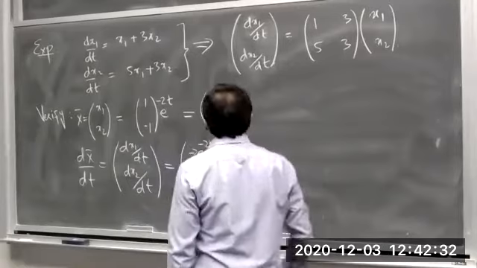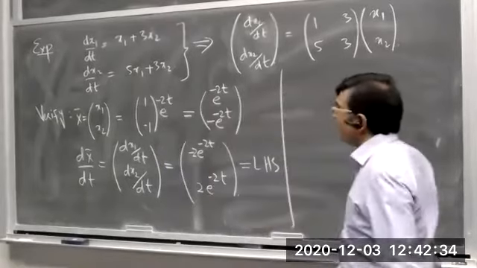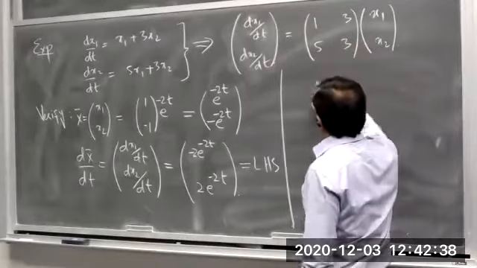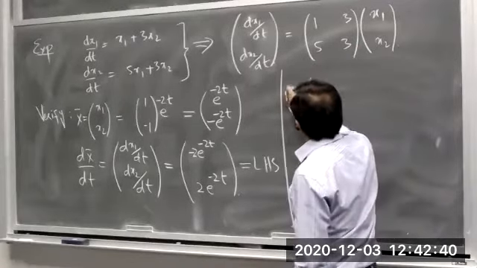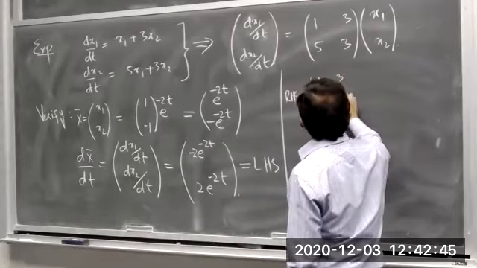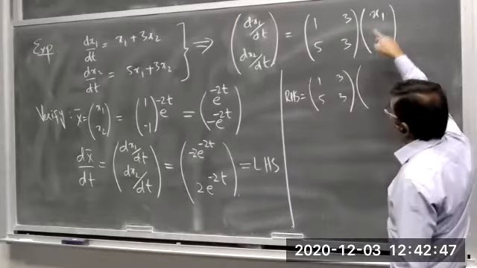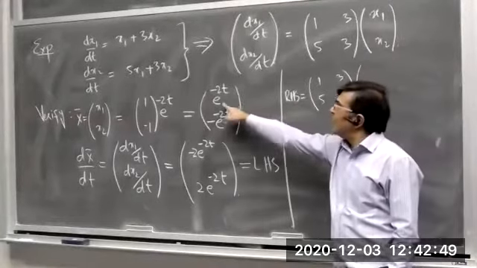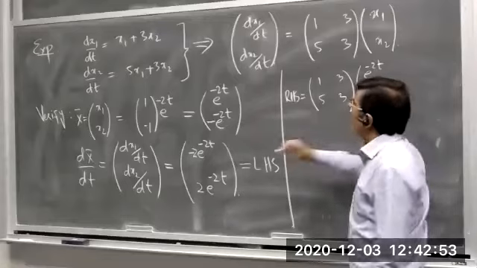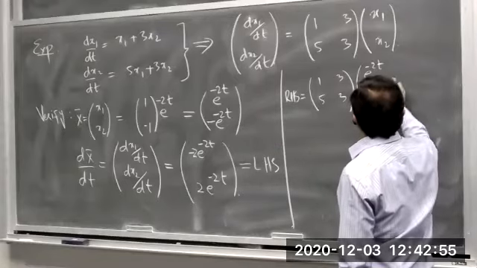Now let's try the right hand side. On the right hand side, you have to see this. It is your RHS, the matrix (1, 3; 5, 3), and the values of x are e raised power minus 2t for x1, and the second one is negative e raised power minus 2t.